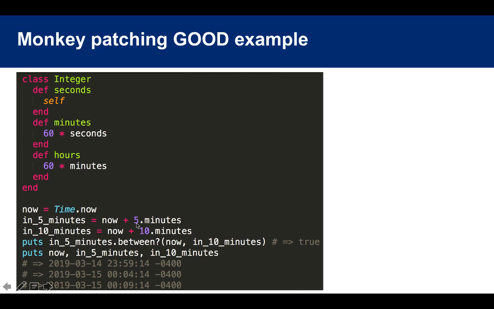The integer all of a sudden has a minutes method on it that you could use, and it makes it very easy to program, right? So the variable is called in_5_minutes, and another variable called in_10_minutes, and then you could check whether in_5_minutes, or whatever you want to call it, is between now and 10 minutes. Yes, it is. And then you could actually print out the values for now, in 5 minutes, and in 10 minutes.